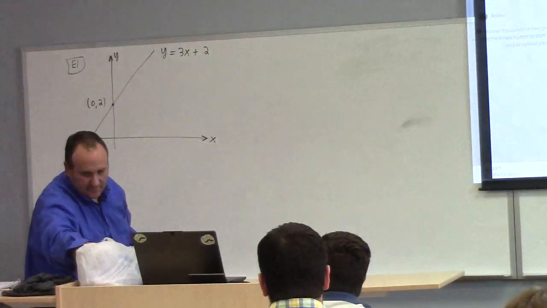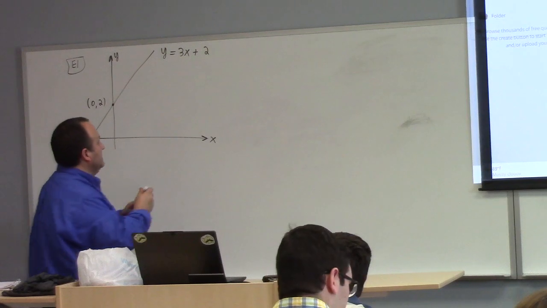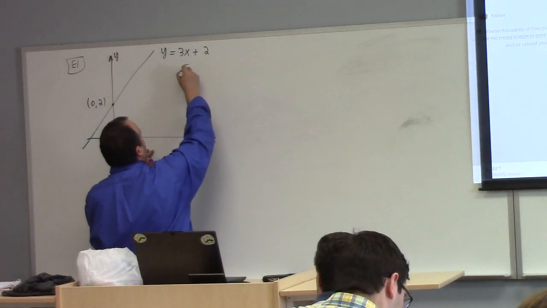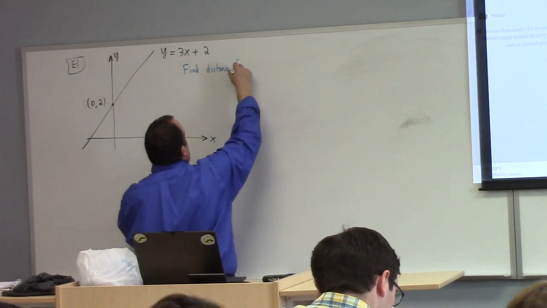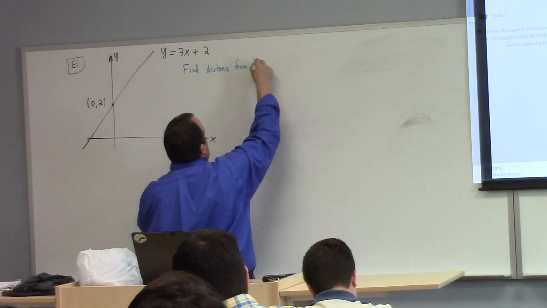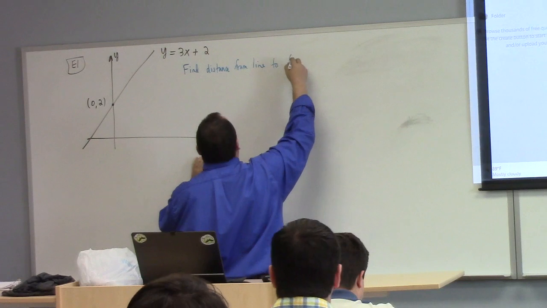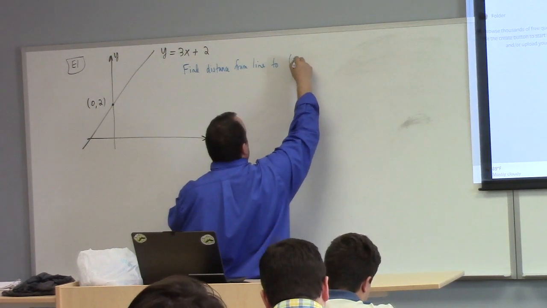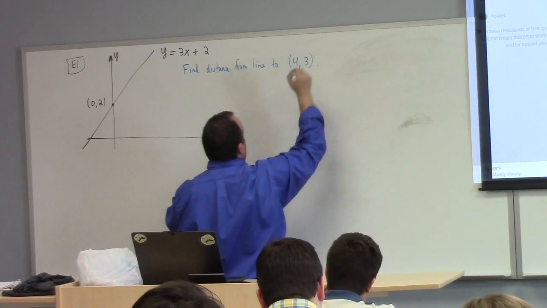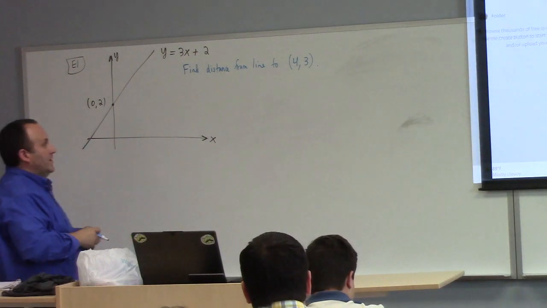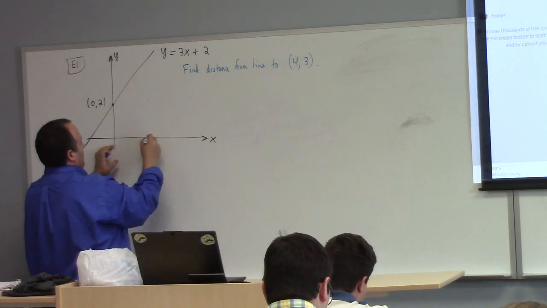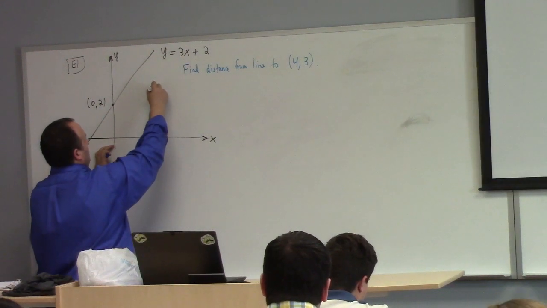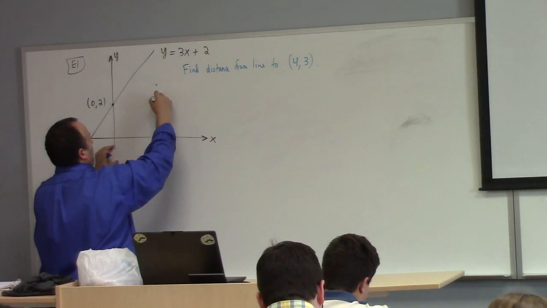So here's the question. Find the distance from the line to, let's say, (4, 3). So (4, 3) is over here somewhere.